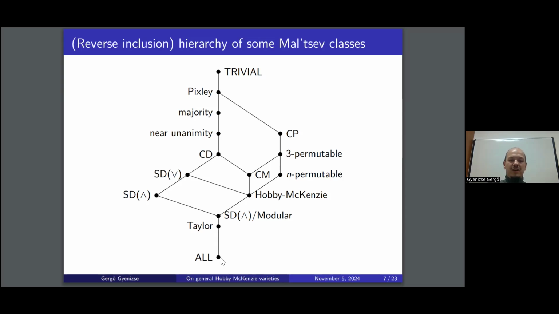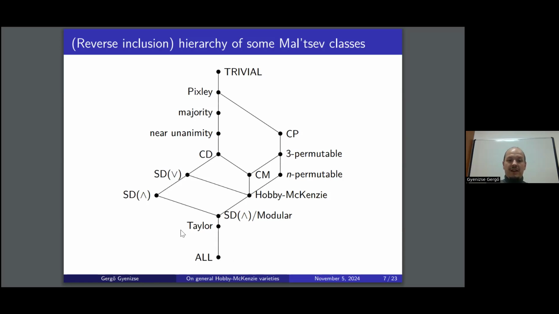What's on the bottom in this picture is the class of all varieties, which can be defined by the Maltsev condition x equals x, and on the top only the trivial varieties, defined by x equals y.